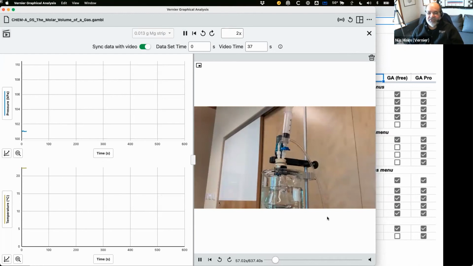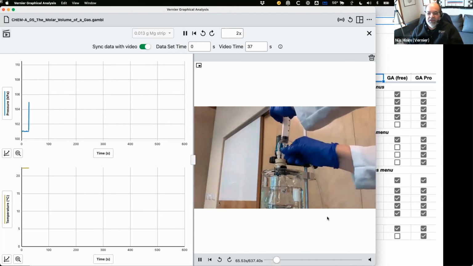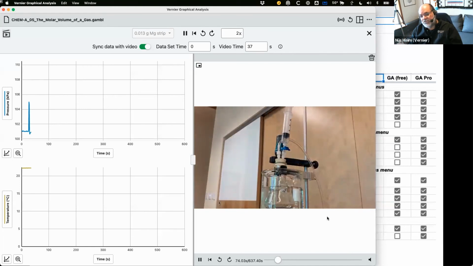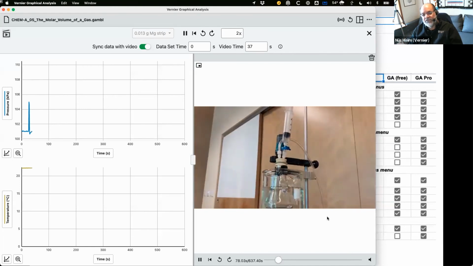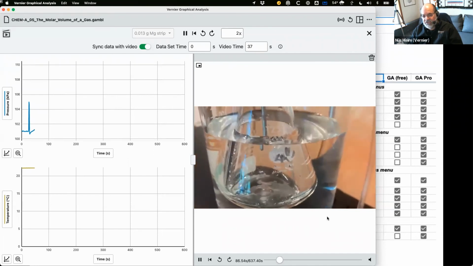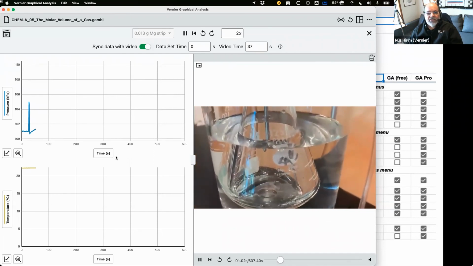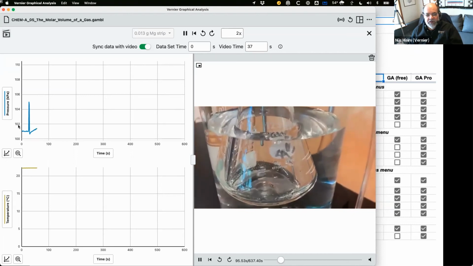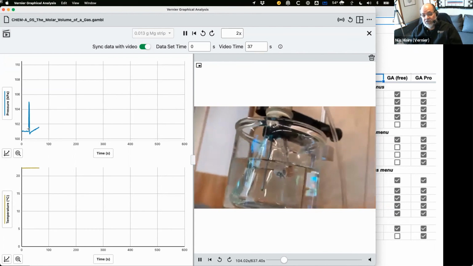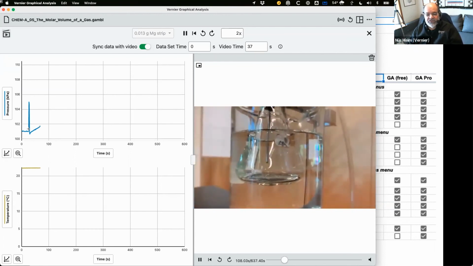Now, this isn't physics, throwing balls and pushing carts, it's one thing, but the students can see how she manipulated the syringe to inject the hydrochloric acid. She zoomed in very nicely so the kids can see the little bit of magnesium reacting with the hydrochloric acid. This little jump up here is where she had to account for the volume of hydrochloric acid that was injected into the system.